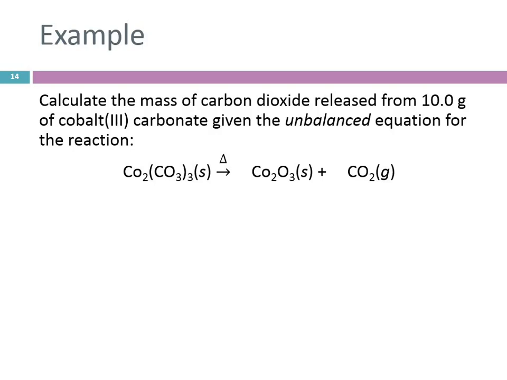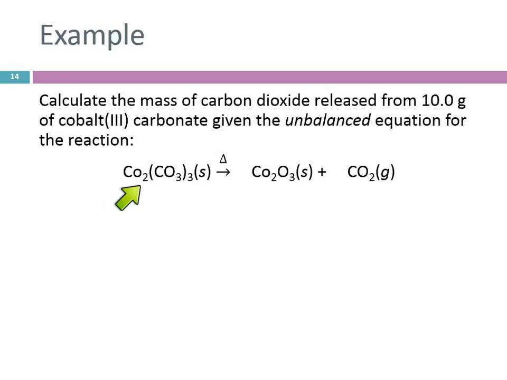Calculate the mass of carbon dioxide released from 10 grams of cobalt-3 carbonate given the unbalanced equation for the reaction. So we're going to have to balance this, aren't we? Because we need the mole ratio. Well, what element do you want to start with? Cobalts are already fine, huh?